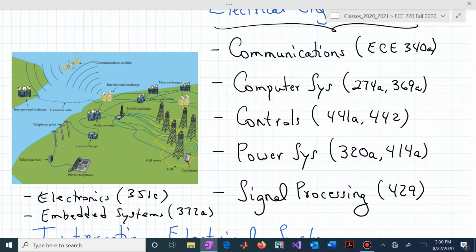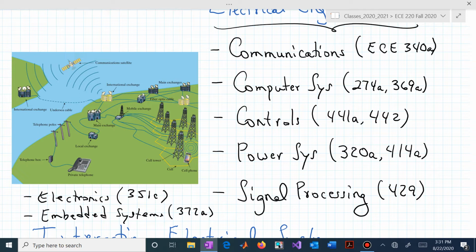It picks up where this class leaves off, which is in power systems. You can also see some power systems in a technical elective class, 414A, dealing with solar energy, solar collection, etc.